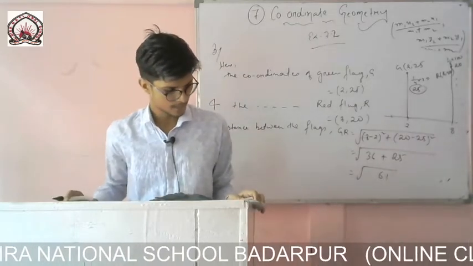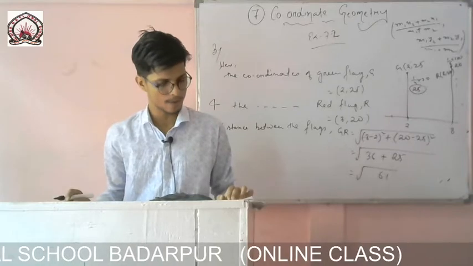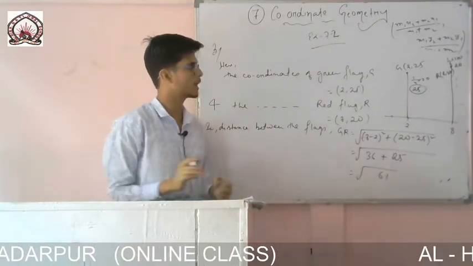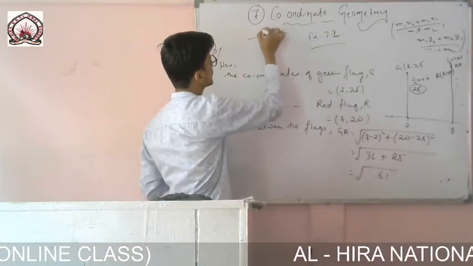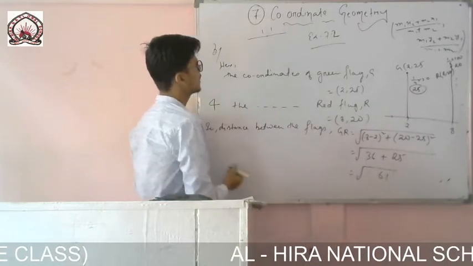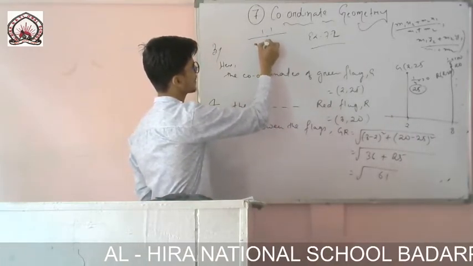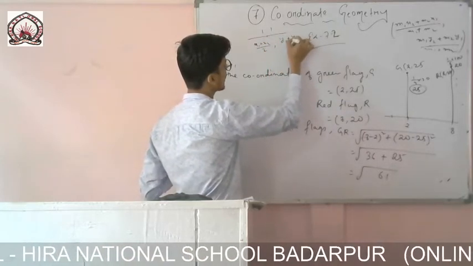Now it is given that Rashmi has to put a blue flag exactly halfway between the two line segments. So earlier I have said while discussing the formula that if the line is divided equally, then the ratio will be 1:1, and I can write the formula as x1 plus x2 divided by 2 comma y1 plus y2 divided by 2.